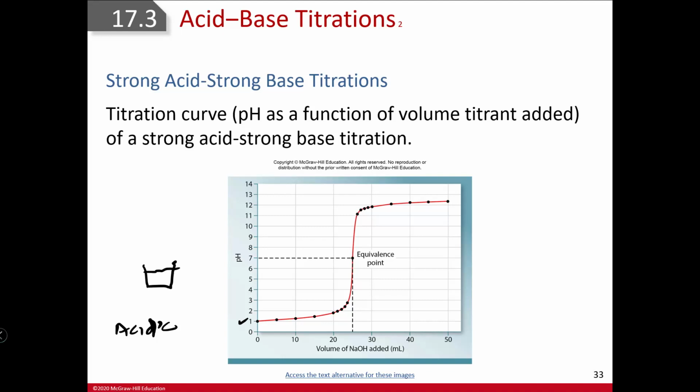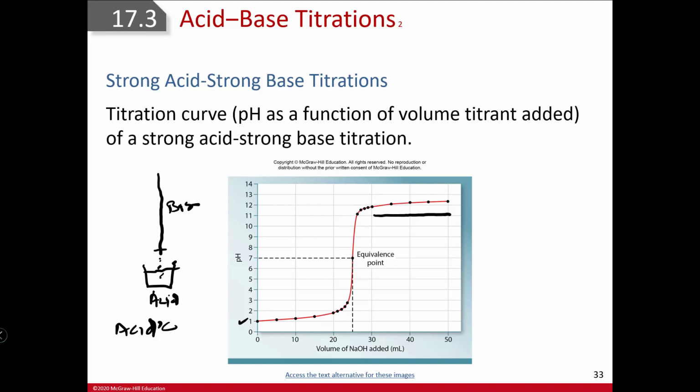We're going to add the titrant into the acid. So we have an acid in here, and we're going to have a base in here. The base is going to flow out into the acid, and then we'll stop once the pH indicator changes color, or we start seeing that the pH is not changing appreciably with the addition of the hydroxide ion.